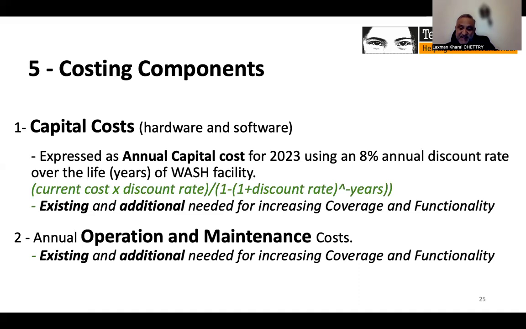We also expressed the capital cost as annual capital cost starting from 2023 using an 8% annual discount rate over the lifespan of the WASH facility using the formula shown in green here. Yeah, we can move to the next slide.